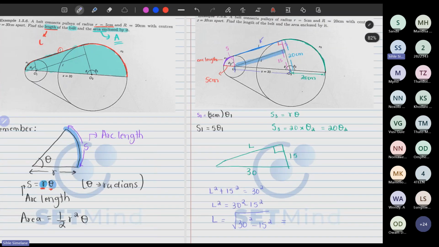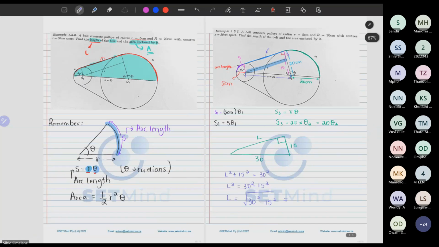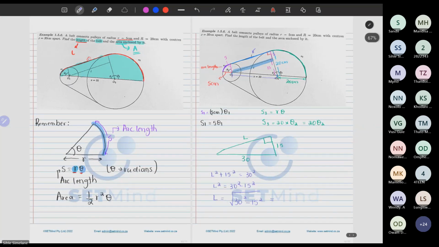What is going to be the L here? Anyone? What is 30 squared minus 15 squared?